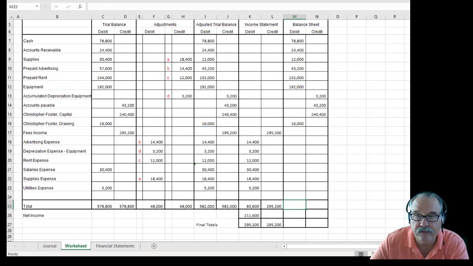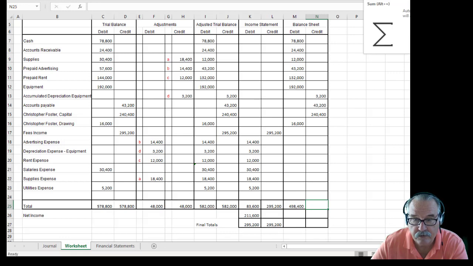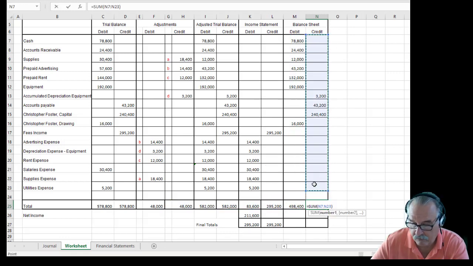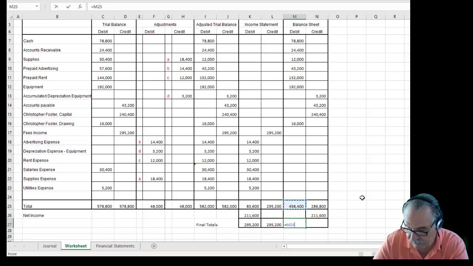So when I total this up, all the debits, $498,400, all the credits, $286,800. I'm going to pull over net income, and that should balance out my balance sheet columns.